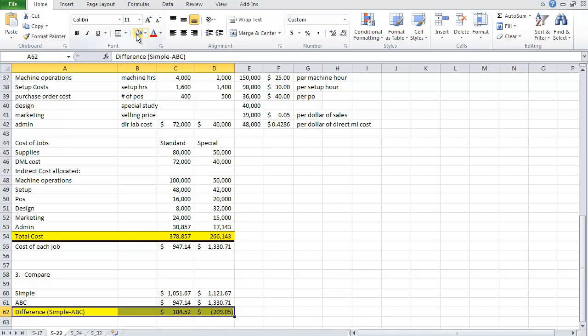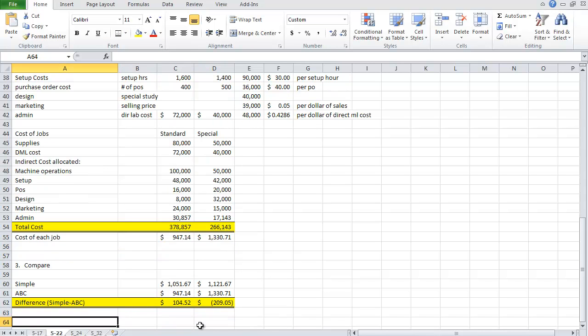So if we look in a simplistic way and compare these, we see that relative to the ABC system, the simple costing system overcosts these standard jobs and undercosts the special jobs. Now, both types of jobs needed 10 machine hours per job.